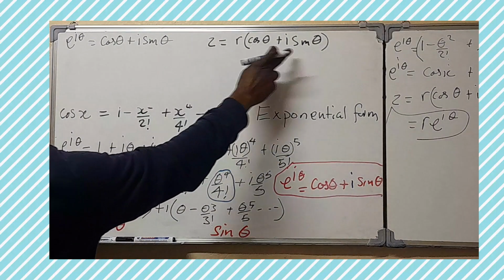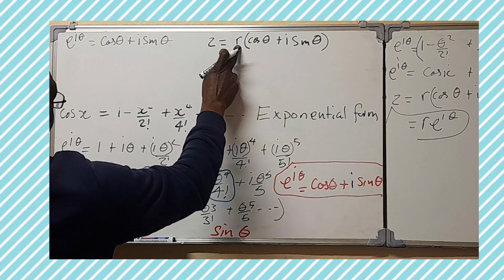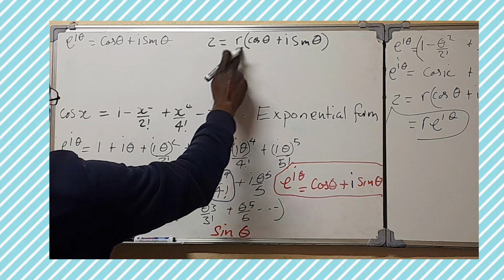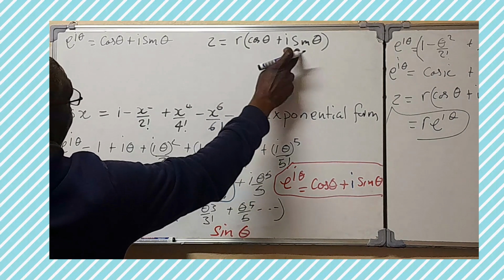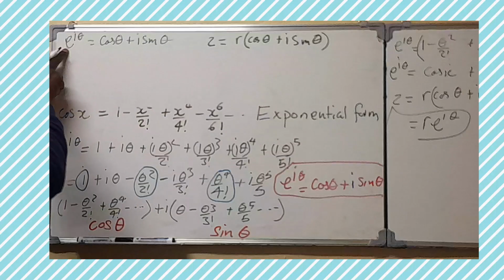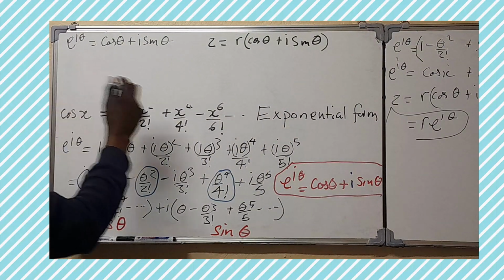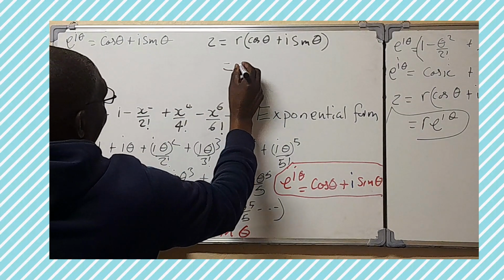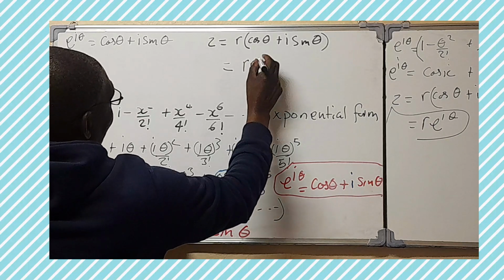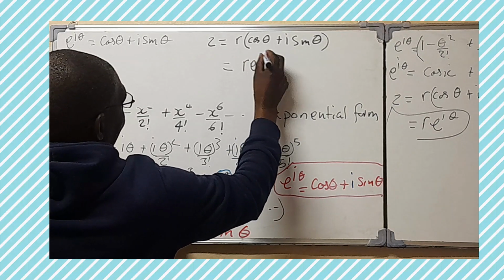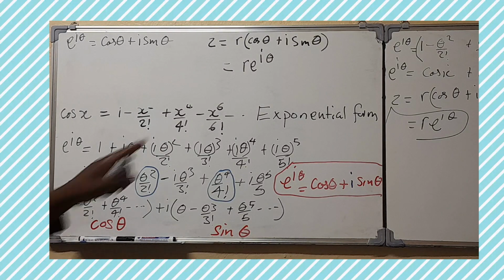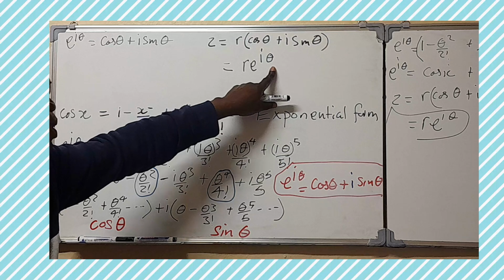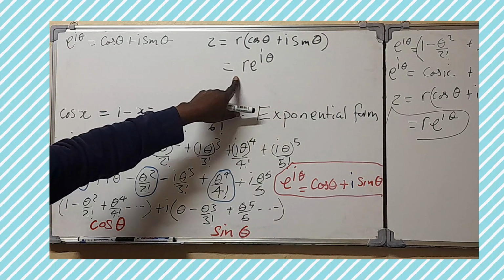But what is this inside the bracket? Of course, this would be the modulus of the complex number, and this will be the argument. But everything inside the bracket is actually that. So we can write z as r e to the power i theta, where i is our imaginary number, theta is the argument of the complex number, r is the modulus.